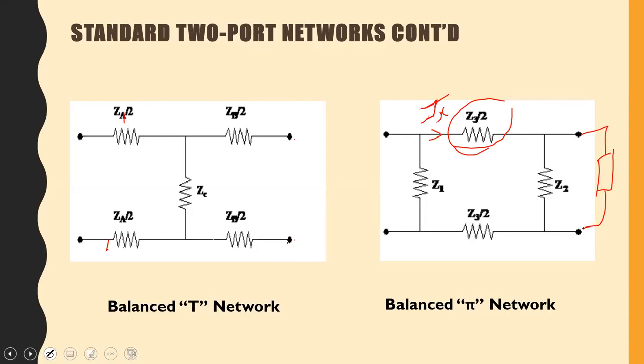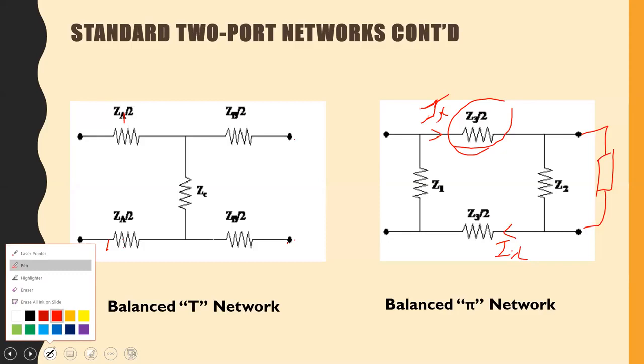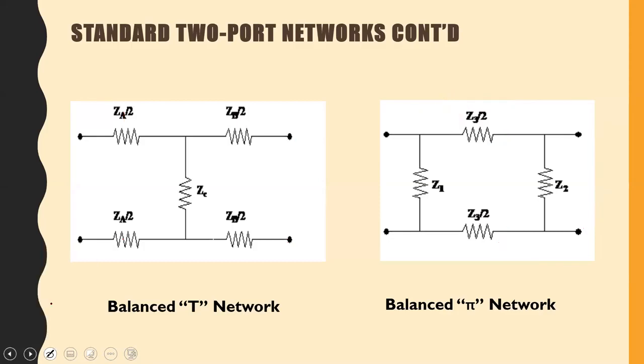Regardless of what I connect it to, what you can be absolutely sure of is that if IX is going through Z3 over 2, then IX must be coming back through here. Everybody with me? Yes, sir. So that is how you balance the pi network. So for the T network, you're going to be balancing the upper terminal and the lower terminal at each port, and then for the pi network, to be that.